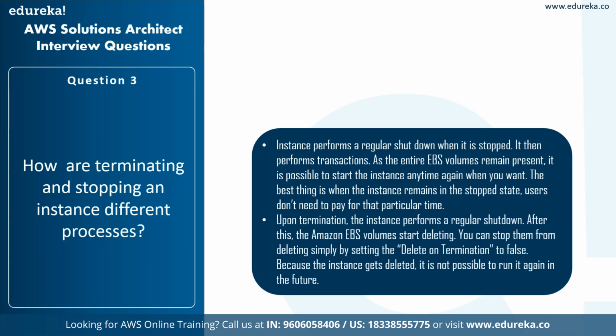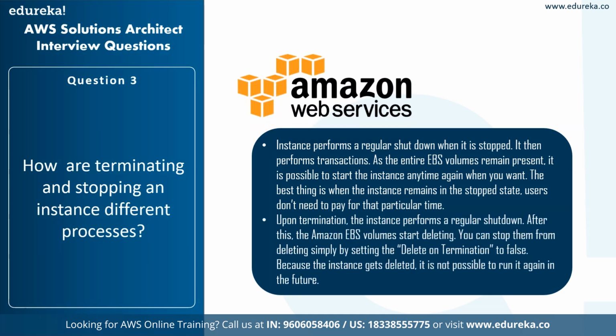But when it comes to termination, the instance performs a regular shutdown, and after this, the Amazon EBS, that is the Elastic Block Storage volumes, start deleting. You can stop them from deleting simply by setting delete on termination to false. Because the instance gets deleted, it is not possible to run it again in the future. So this is how these two processes, termination and stopping, are different.